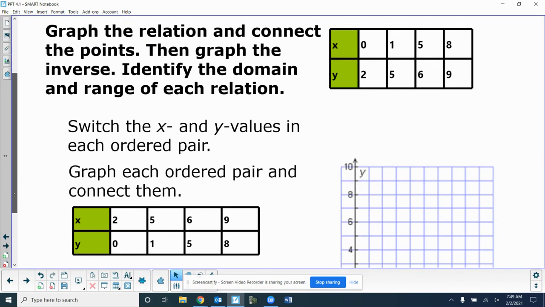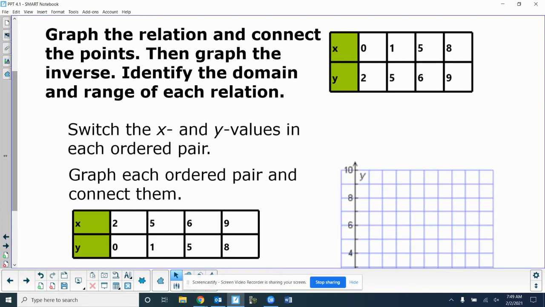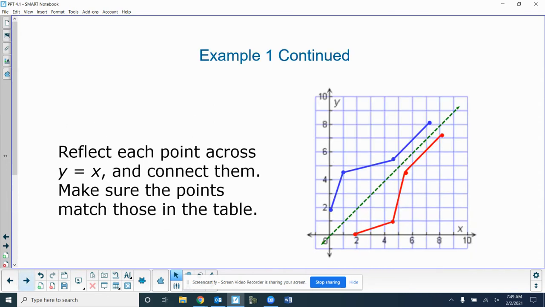That's all you're doing to find the inverse. Remember, domain is your x values, range is your y values, so all you're doing is switching domain and range. On the next slide, they show you how they did it.